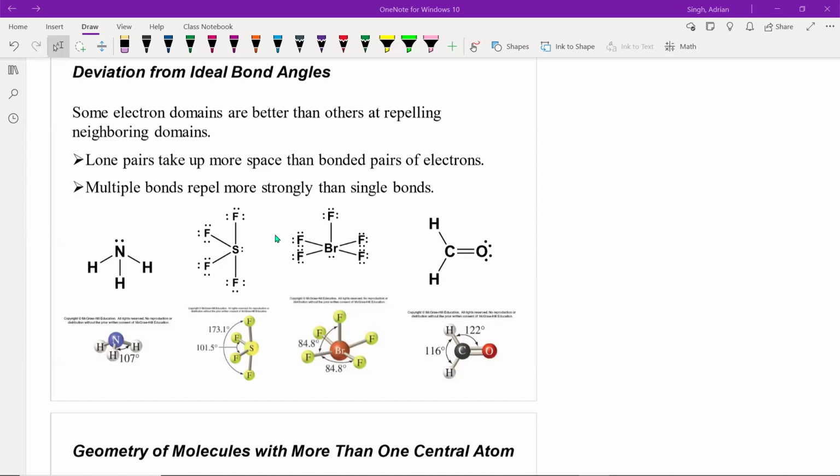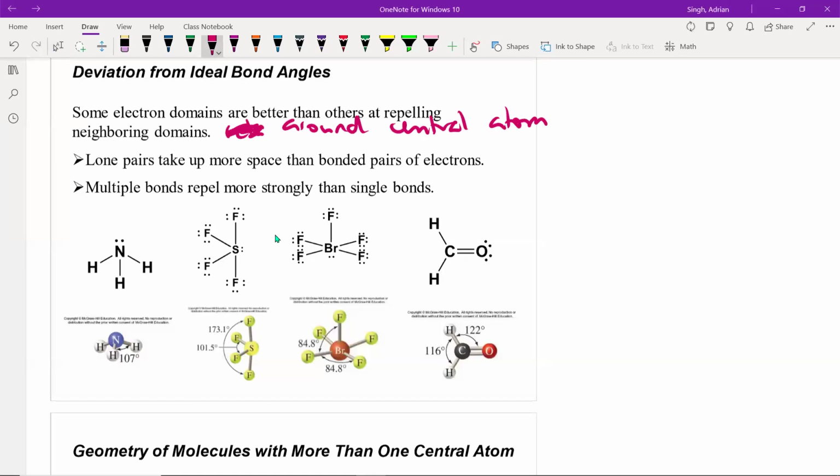We'll see some examples of this. And again, this is around the central atom that we're looking at.